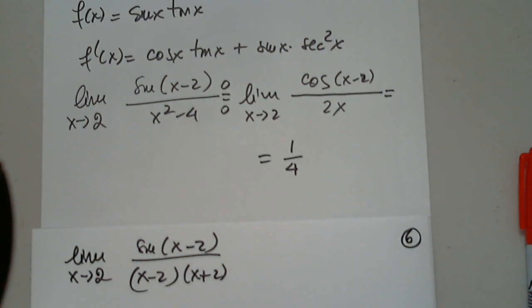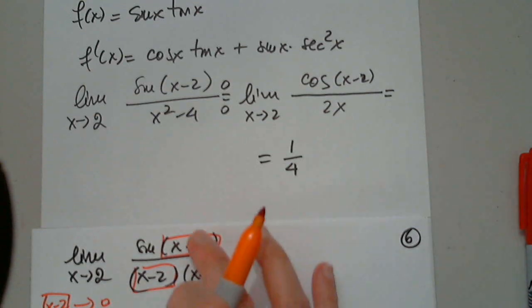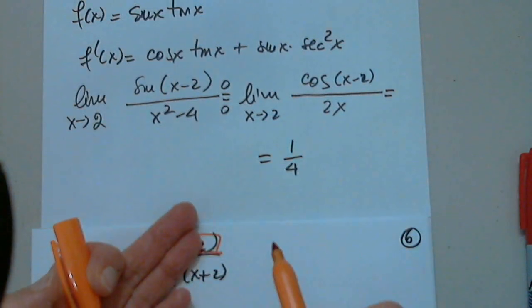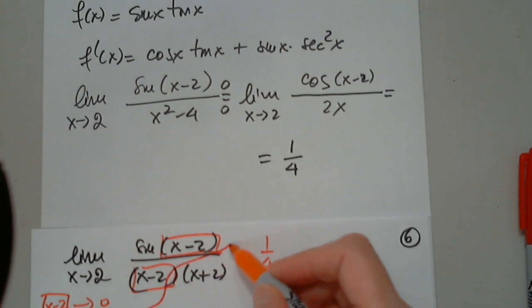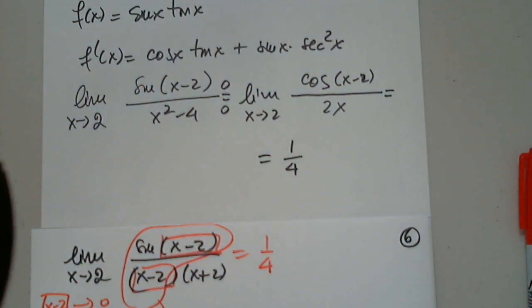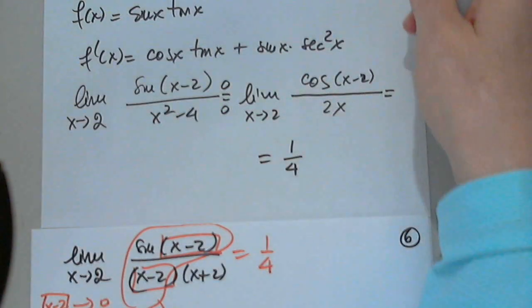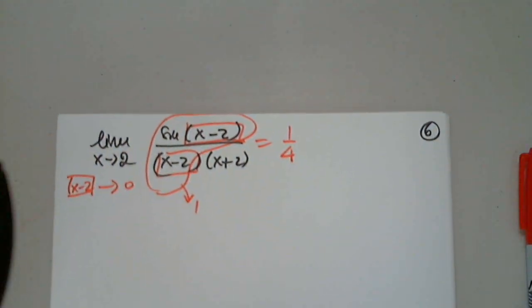Since x minus 2 approaches 0, this limit approaches 1, and then 2 plus 2 is 4, so 1/4. Because this limit is 1. So either way, you have to get the same answer. Any questions on that?